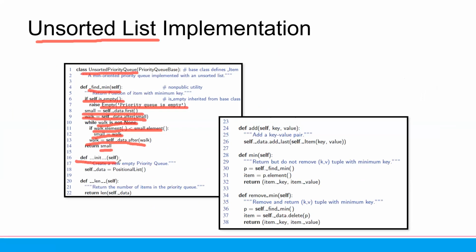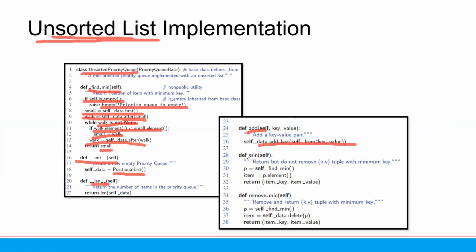If we construct this one, we will use the positional list. I guess you already know, we learned the positional list last time. And then we want to check the length, or the number of elements in the list. Add, yeah, in this case, because it is an unsorted list, we just add at the last.